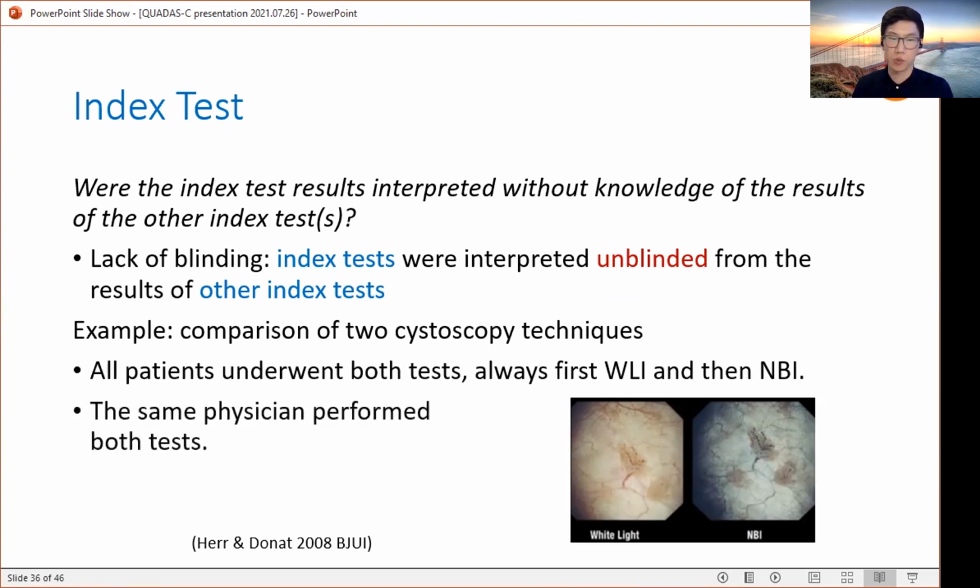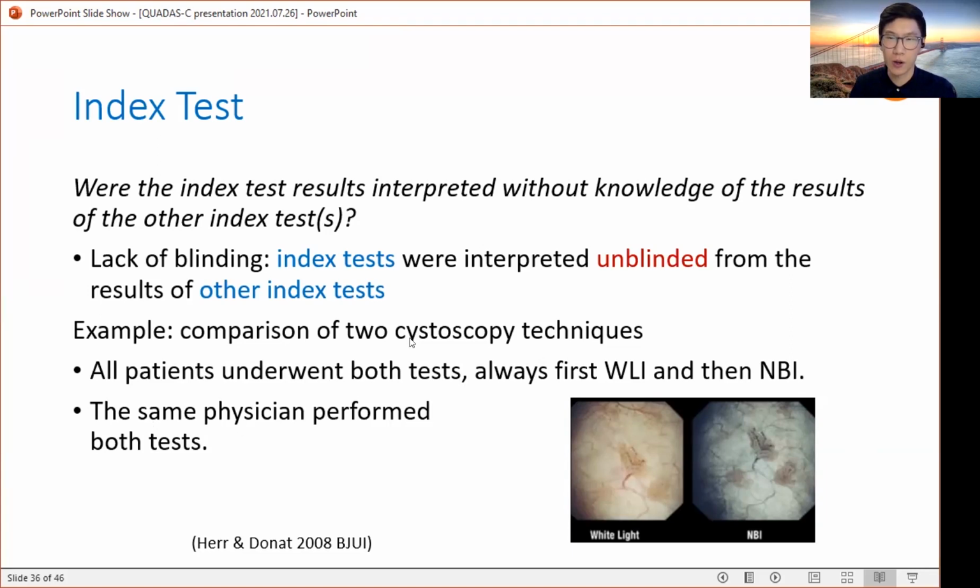And the same physician performed both tests, and how they did it was they first used the cystoscopy with white light, and after that they pressed a button and then the light color would change. And then they went over the bladder wall again to see whether there was a tumor.